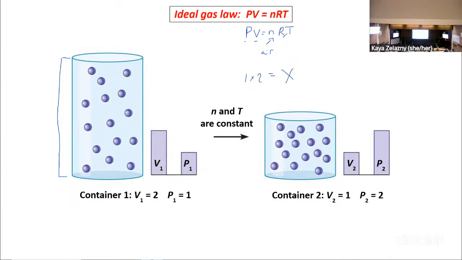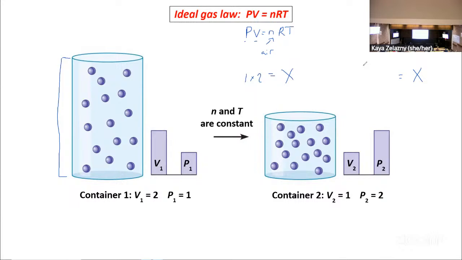Now, if we shrink that container, so we're thinking shrinking down our alveolus, before any air moves in or out of your airway, when we still have that same amount of gas, when N is the same, the number of moles is the same, AKA we still have that same value for this nRT portion.